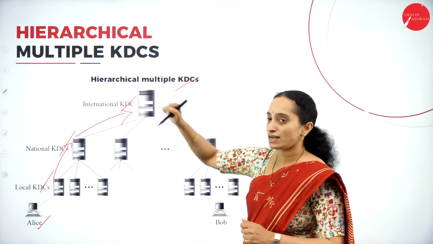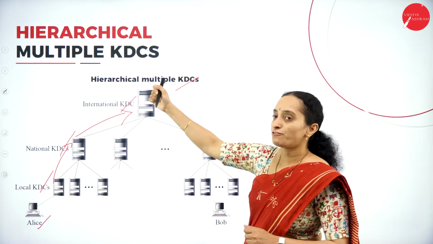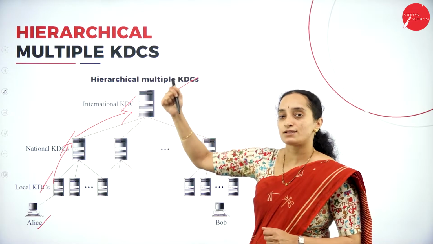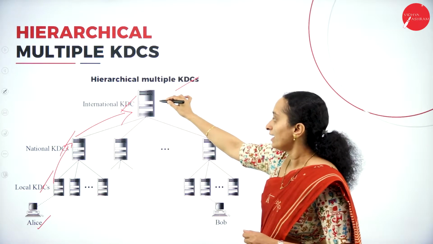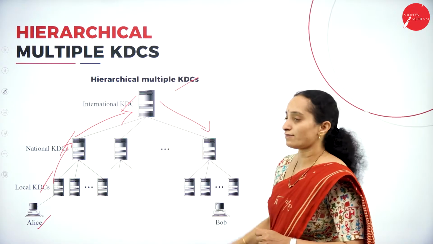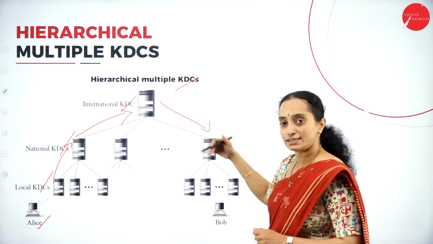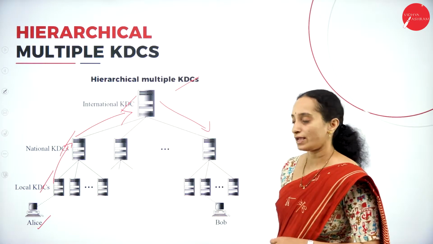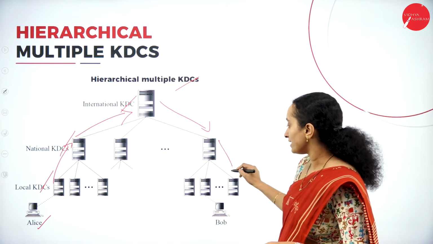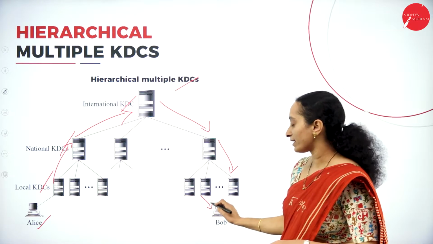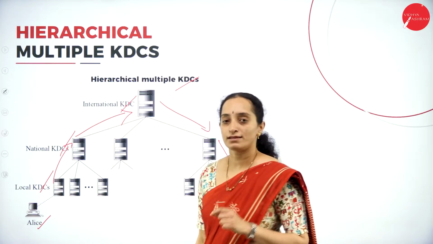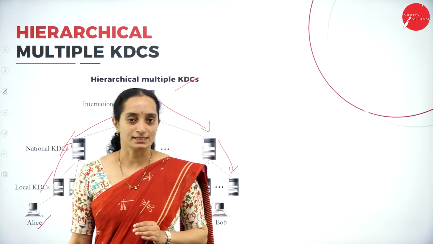Now, what will the international KDC do? It will find out the receiver's location. Once the location is found, it forwards the request to the national KDC at the receiver's location. From the national KDC, it reaches the local KDC, and the local KDC will send that request to the receiver.